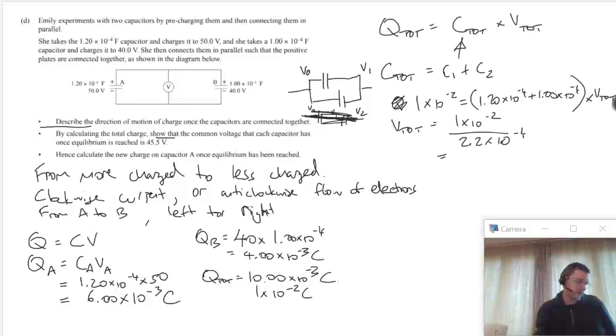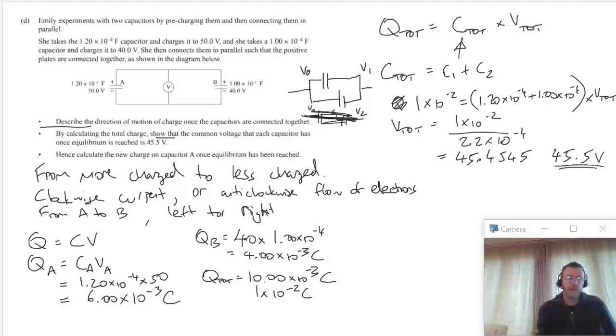We do the calculation, we get 45.4545, which we round to 45.5. This 4 here rounds up. Volts. Okay, so crucial you put this down so that it shows that you're getting to here. Crucial you show all the steps really.